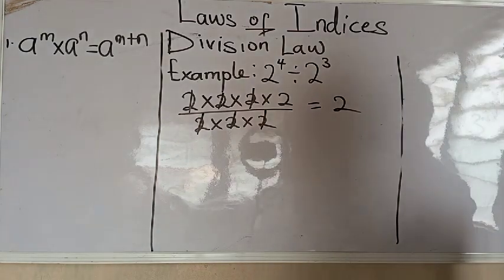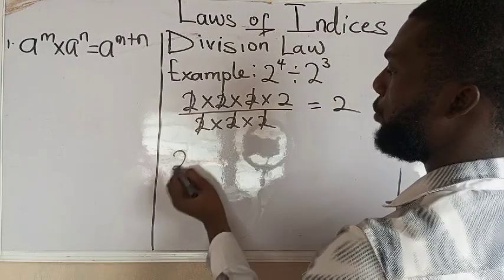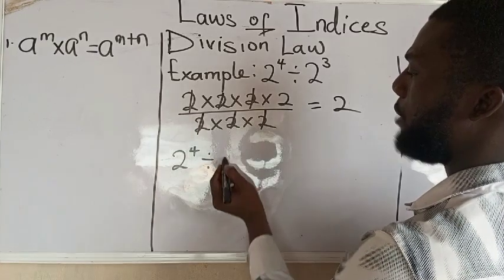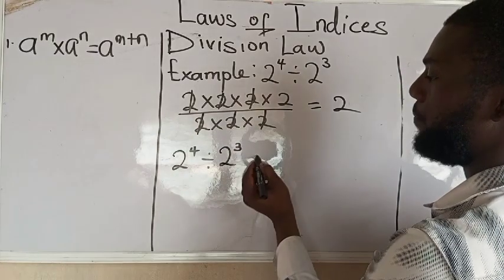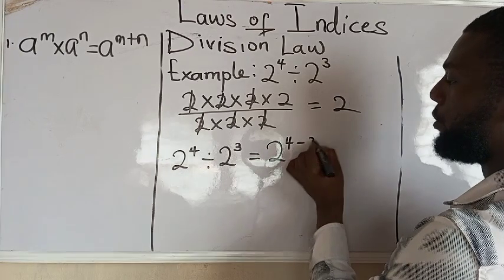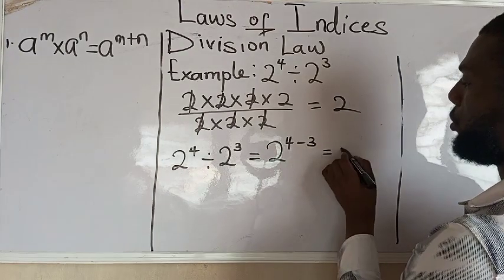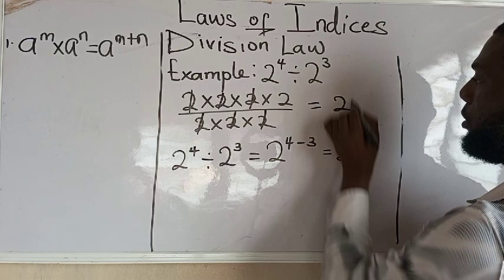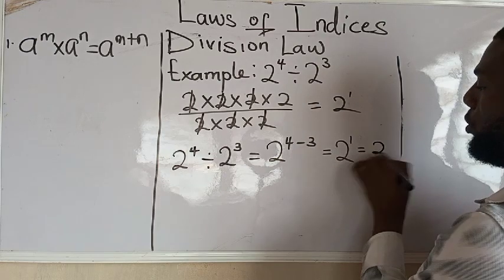But we can as well use another method by saying 2 raised to power 4 divided by 2 raised to power 3 equals 2 raised to power 4 minus 3, which is equal to 2 raised to power 1. And that equals 2.